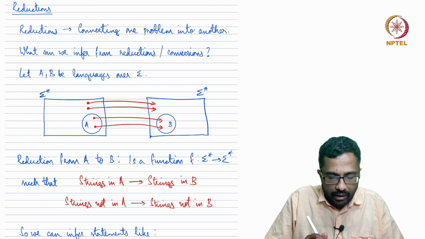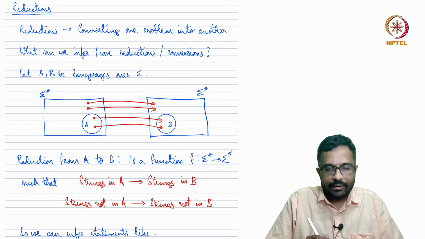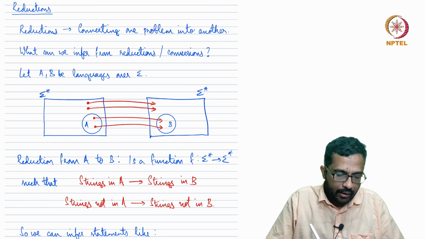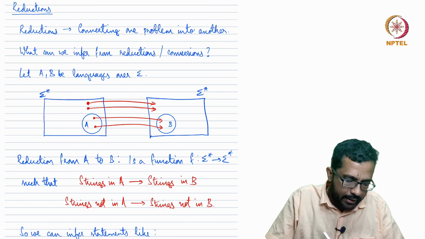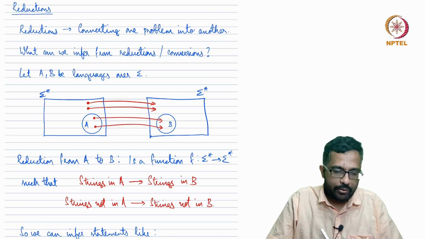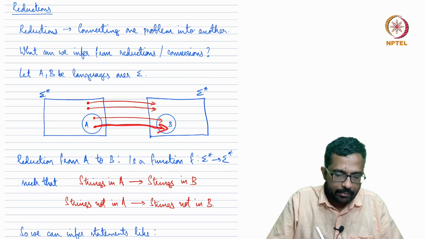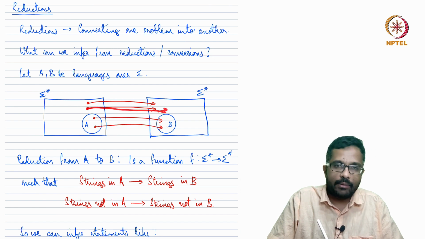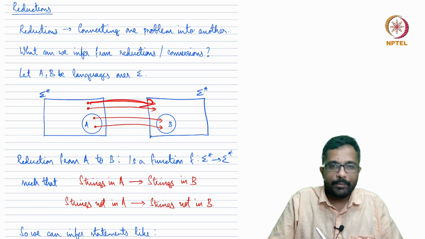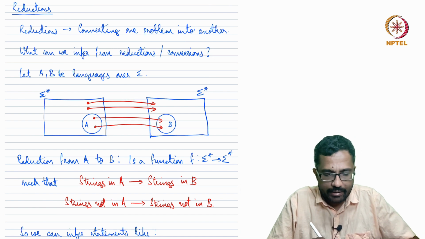What I mean by a reduction or a conversion is just a mapping, where a string in A is mapped to a string in B, and a string that is not in A is mapped to a string not in B. That is what I mean by reduction. It's very simple.